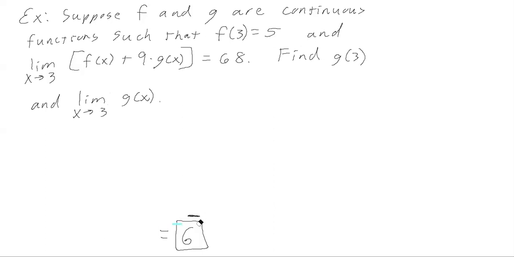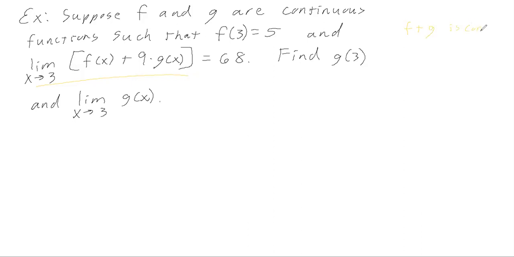All right, so I've got a little bit of work to do right here. Suppose f and g are continuous functions such that, okay, let's first of all deal with this part right here. Now, we said earlier, we have not used this yet, but we said earlier that if f and g are continuous functions, then f plus g is continuous.